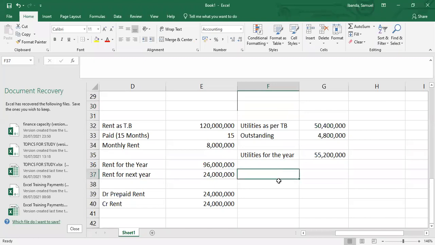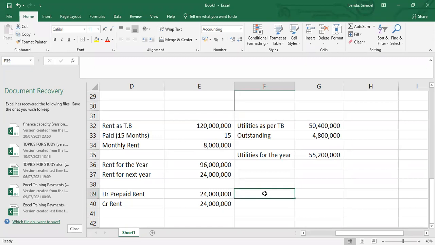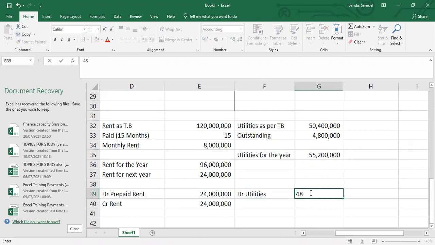So it means the double entry for this transaction, we shall go ahead to debit utilities. We shall debit utilities with how much? With 4.8.